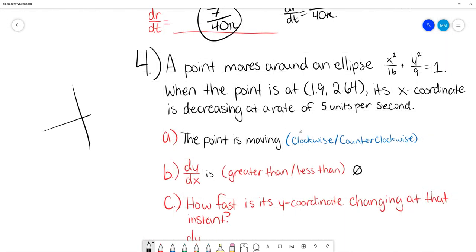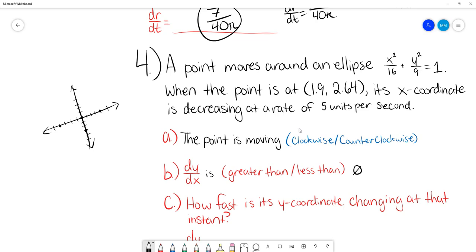So if I just sketch a little coordinate plane, the center should be at 0, 0, if I remember how ellipses work. And the x-axis goes 1, 2, 3, 4, out to here. That's our major axis, and our minor axis is our y-axis in this case.